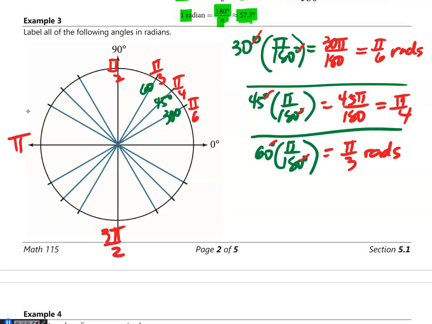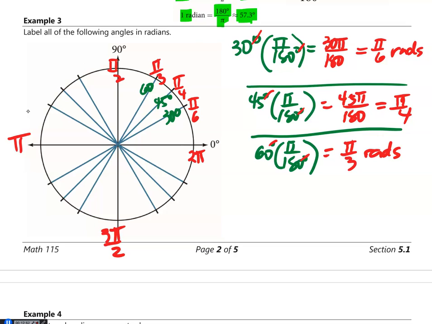And then 360 over 180 is 2, so this is 2 pi. So 0, pi over 2, pi, 3 pi over 2, and 2 pi. And the rest, I'll let you convert from degrees to radians.